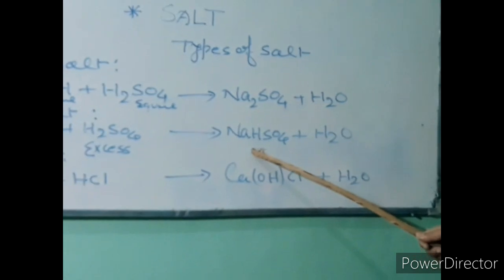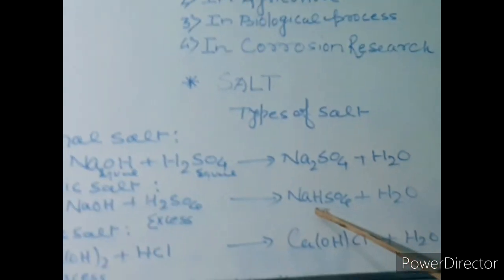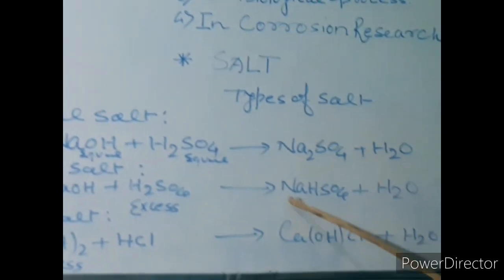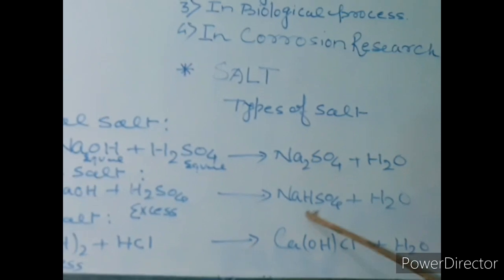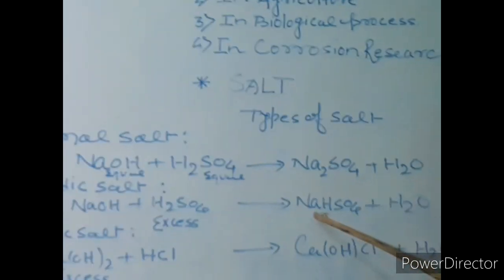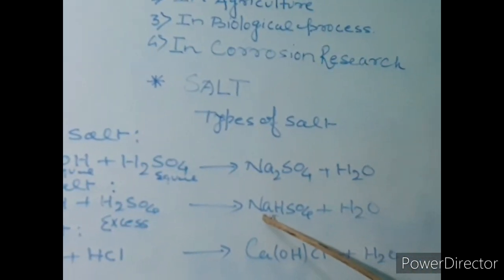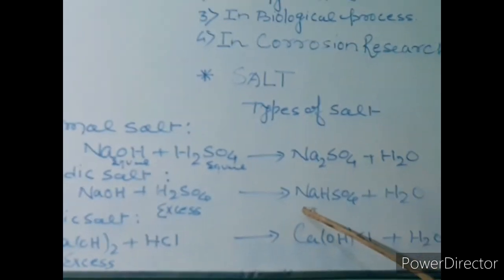Here you see one more hydrogen is left, which in a further reaction can be replaced. Since it has H plus ion, it is called an acidic salt. Sodium hydrogen sulfate is an example of an acidic salt.